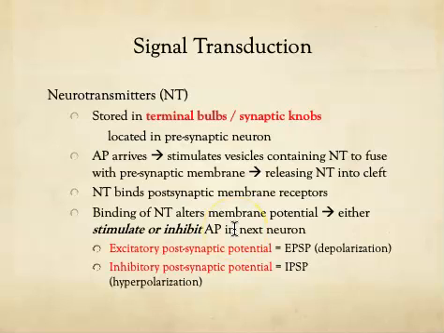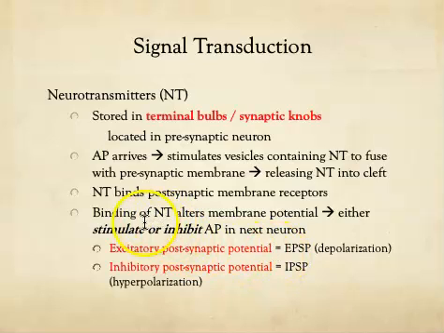Now, if we have a stimulation event happening on the postsynaptic membrane, we're going to call that excitatory postsynaptic potential. Remember, when we're talking about changes in charge along the length of a membrane, we're talking about membrane potential, we're talking about electrical potential.